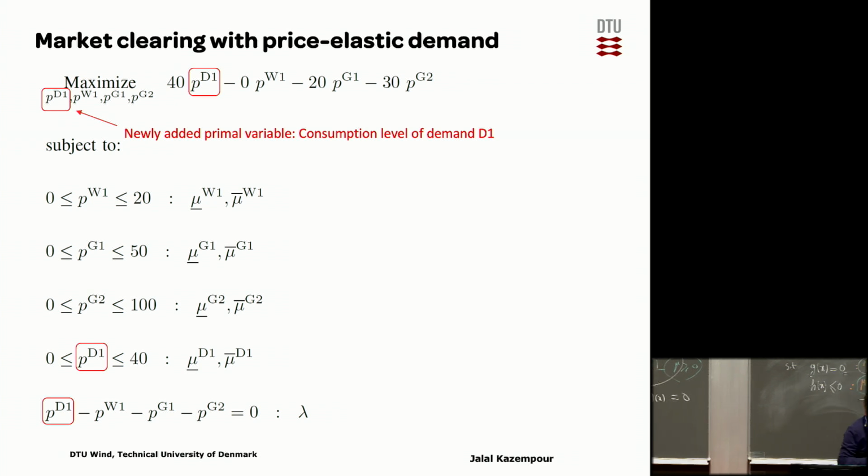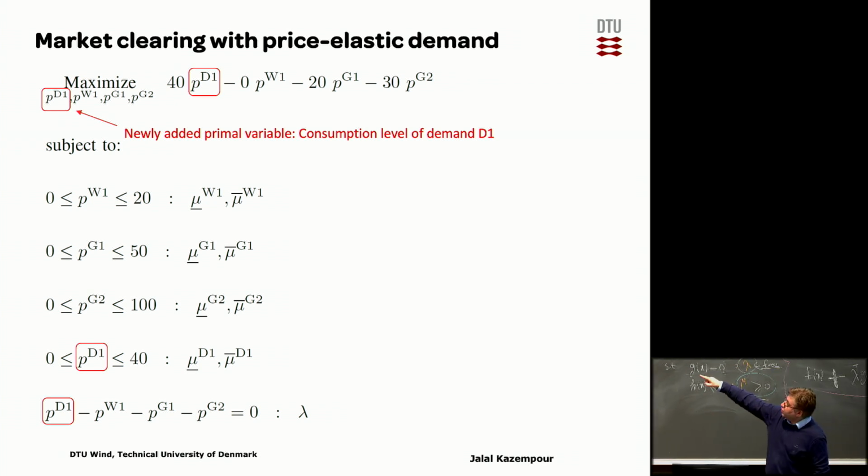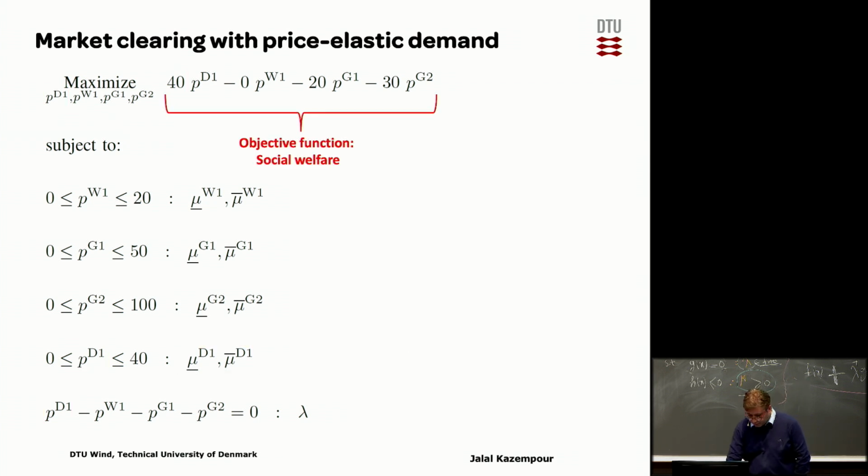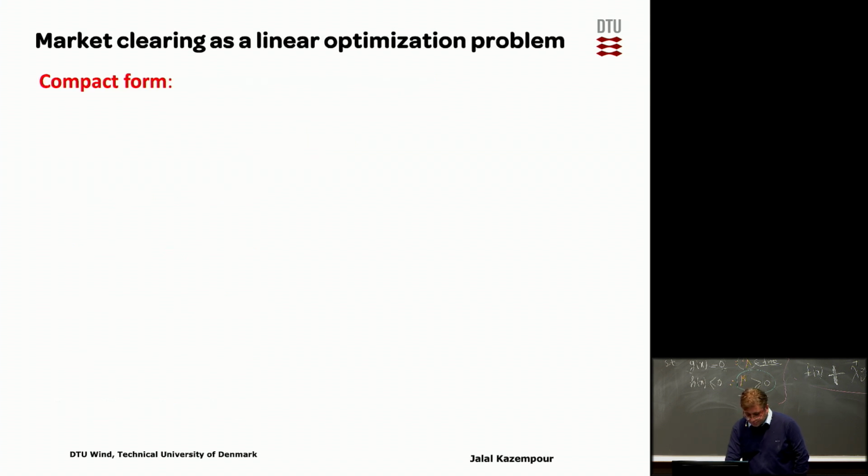Also, the last two constraints change. We have a constraint for demand, whose consumption is between 0 and 40 with two dual variables. And in the balance constraint, we have PD1 as a variable, not 40 as a fixed value anymore. As I said, the objective function now is social welfare.